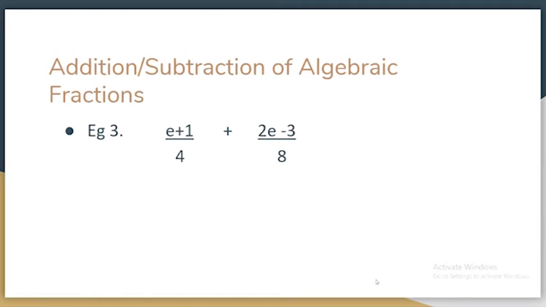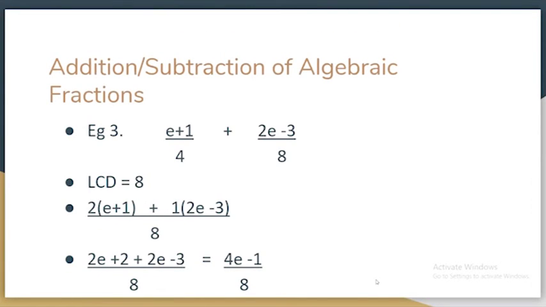Now, moving on. What was the third step? There we are. 4 into 8 goes 2 times, and we multiply the 2 by the numerator. 8 into 8, 1 time, and we multiply the 1 by the numerator.